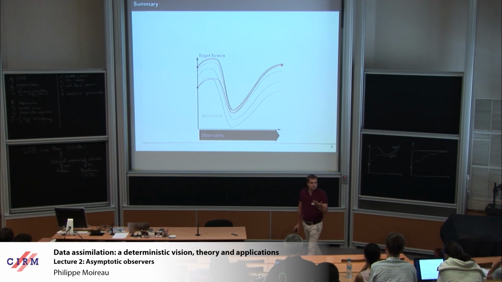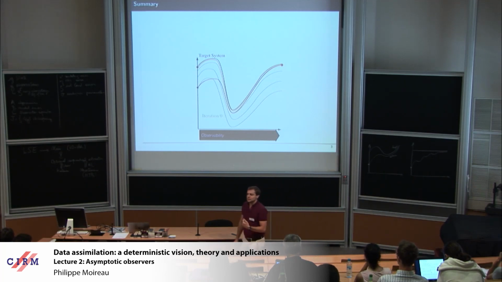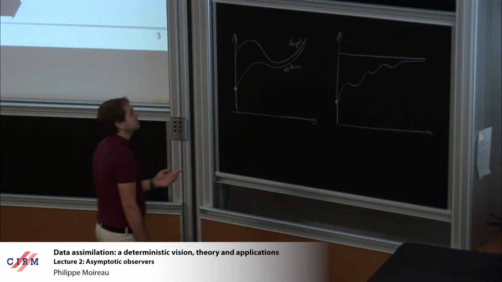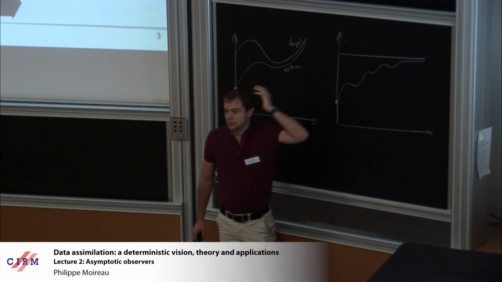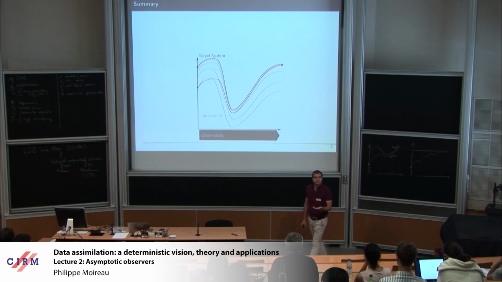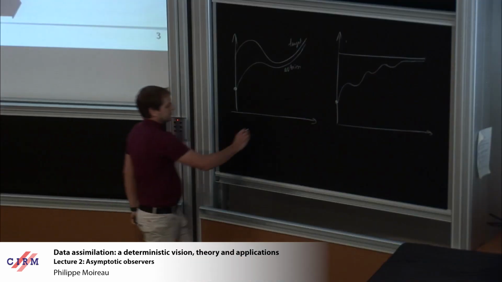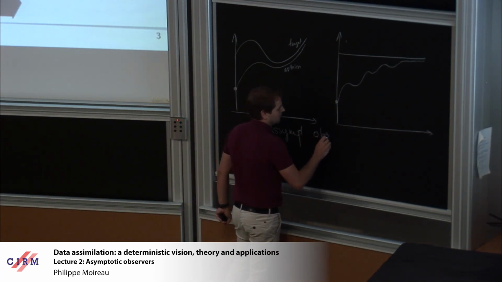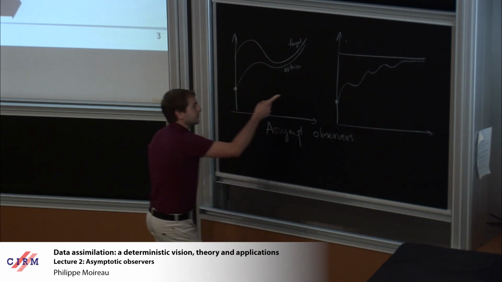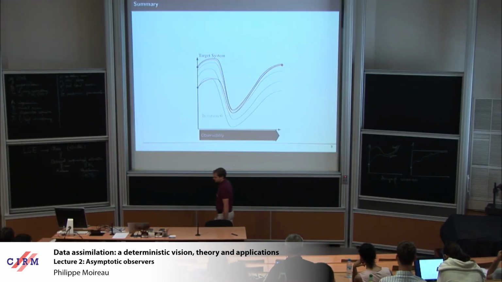I presented Kalman as the least square equivalent, but actually I could have presented it as a system which asymptotically converges to the right solution and the right parameters, and that is called asymptotic observers. All the systems that can have this type of behavior.